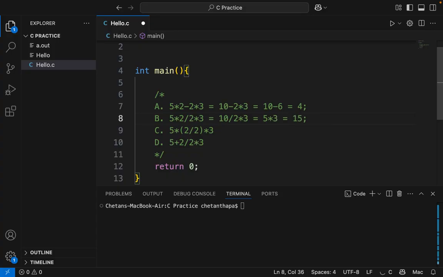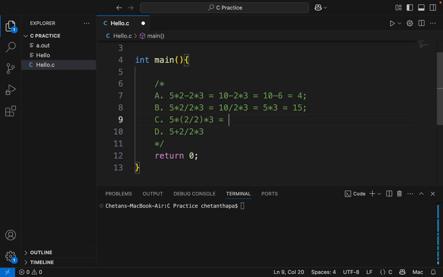Since there is a bracket, the calculation takes place under this bracket first. So 5 into 1, 5 into 3, 15.